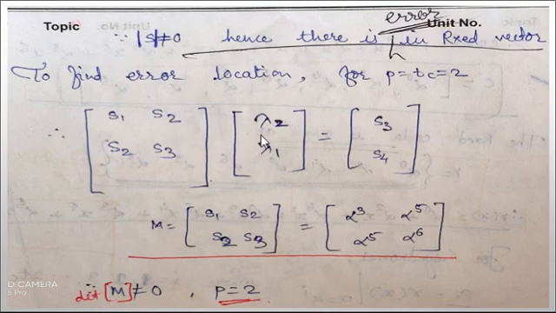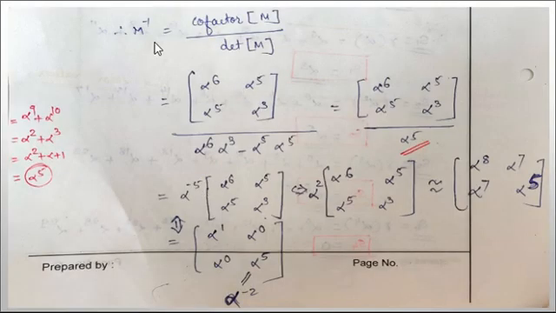So to get lambda 2, lambda 1, take the inverse of this matrix, multiply it to S3, S4. So inverse of this matrix can be calculated either by this method, or it is also called sometimes the adjoint of matrix M. So for getting the adjoint of matrix M, just interchange these diagonal elements and change the sign of these off-diagonal elements.